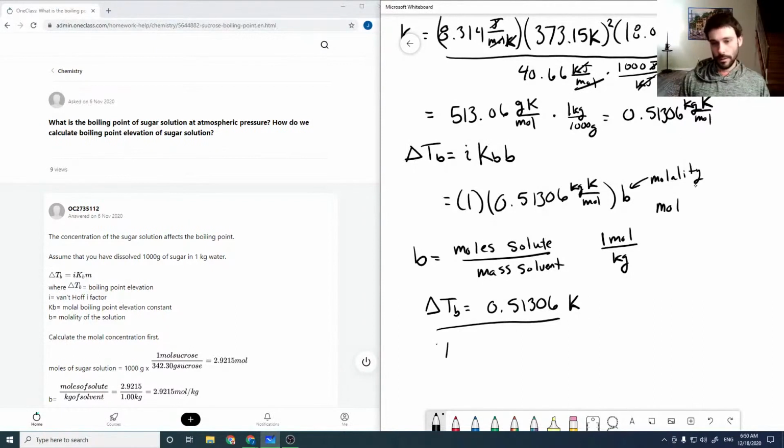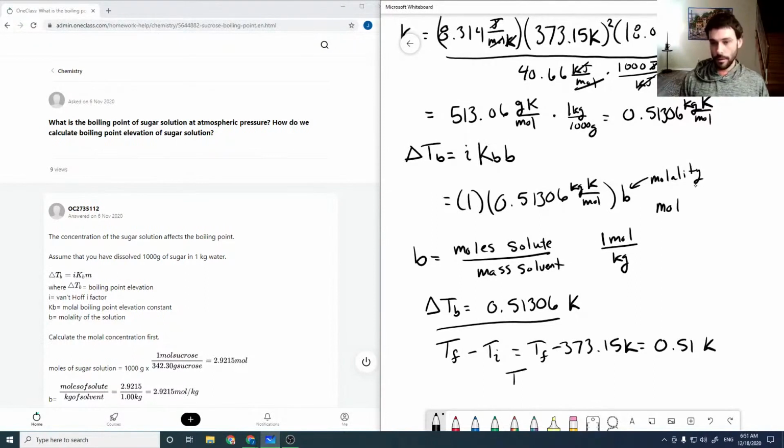And so to hammer it home even more, our final temperature minus our initial, which would just be the normal boiling point, would be equal to this 0.513, or 0.51, just to round it to 2 decimal places.